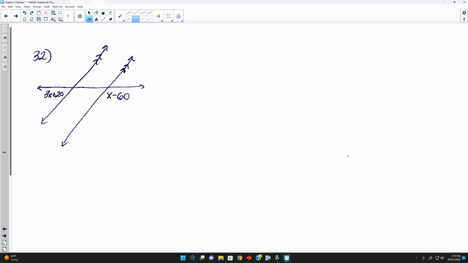If you feel comfortable, especially with alternate interior, alternate exterior: if the two angles given are not alternate interior, between the lines and on opposite sides, alternate exterior, outside and on opposite sides, or corresponding, they have to be supplementary. So if they're not one of those three, then they add together to be 180.